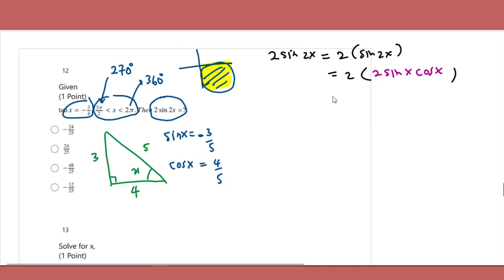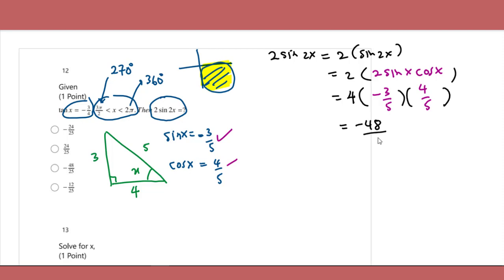Then 2 times 2 is equal to 4 sine x cos x. Sine x is negative 3 over 5, cos x is 4 over 5. Then simplify: 4 times negative 3 is negative 12, times 4 is negative 48, over 25.